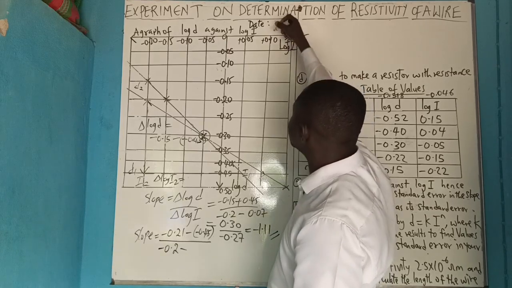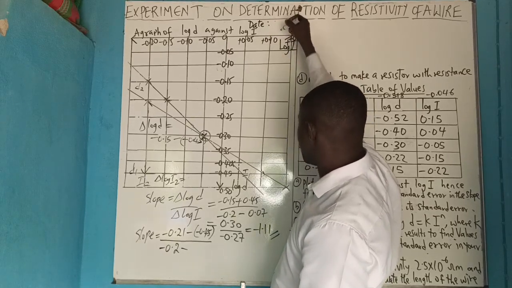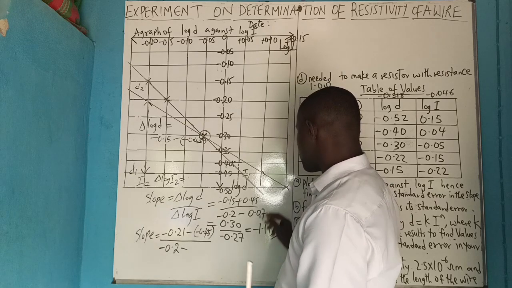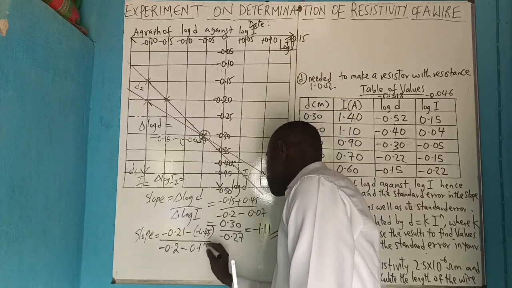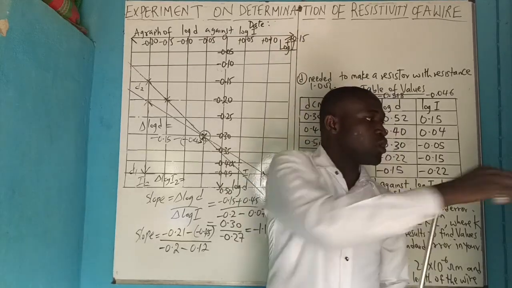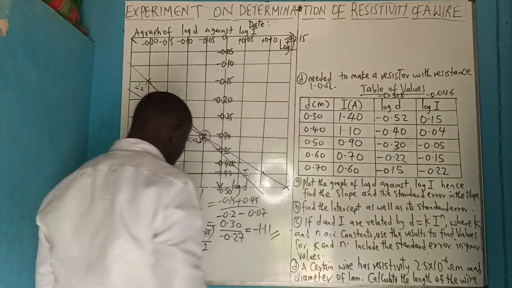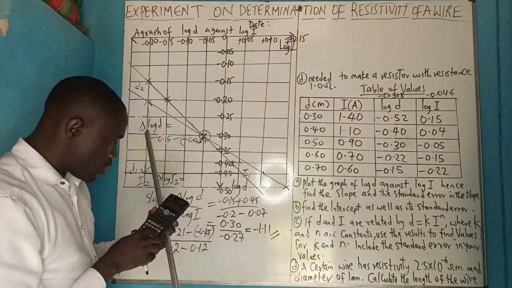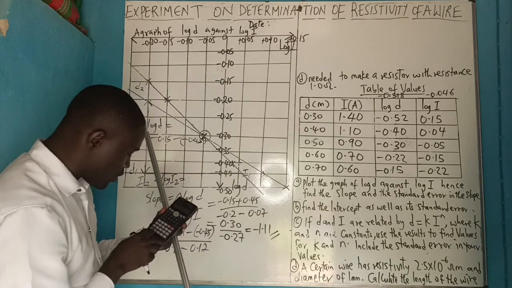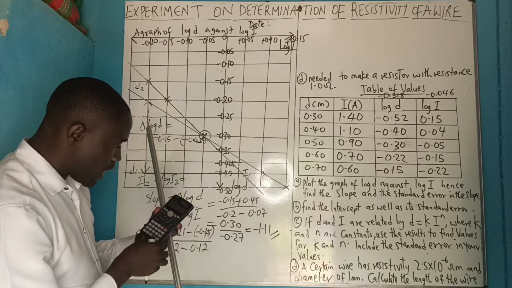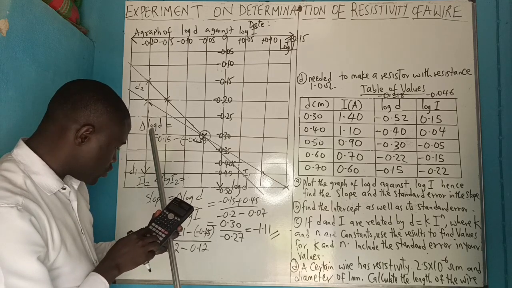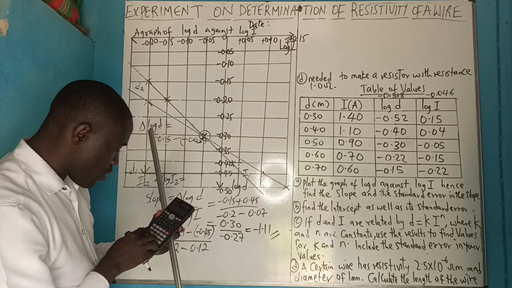This is 0.1, then 0.15, so here will be about 0.12. Yes, since here is 0.1. Then we locate it in our calculator. We say minus 0.21 plus, minus times minus is plus 0.45, divided by bracket minus 0.2 minus 0.12.